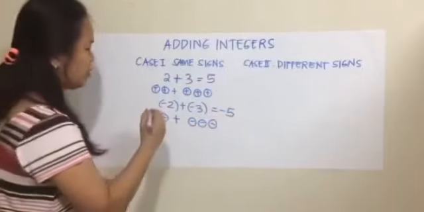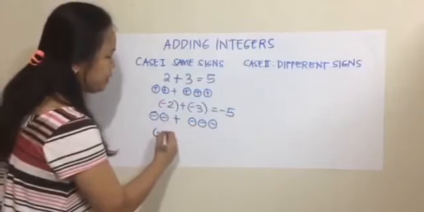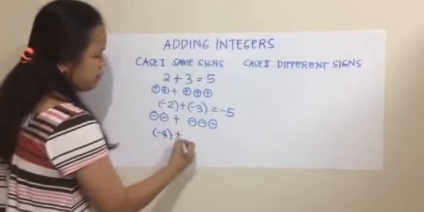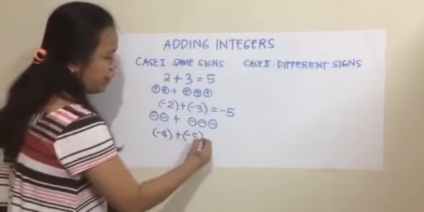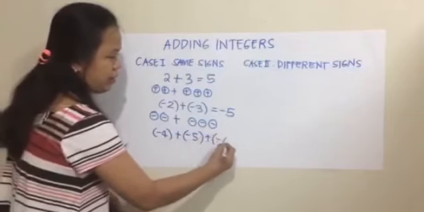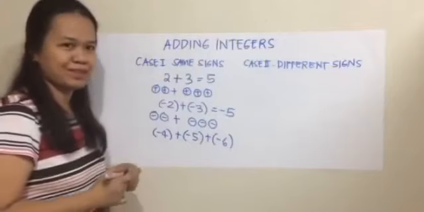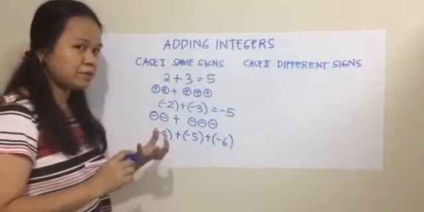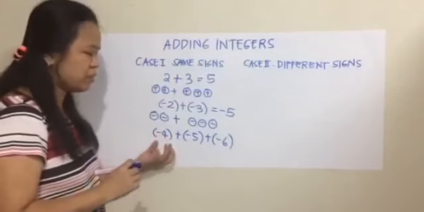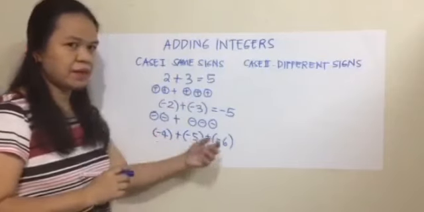So what if you are going to add this one? Negative 4, you add negative 4 to negative 5 and negative 6. What do you think is the answer? So imagine you have negative chips. So you have 4 negative chips, 5 negative chips, and 6 negative chips.